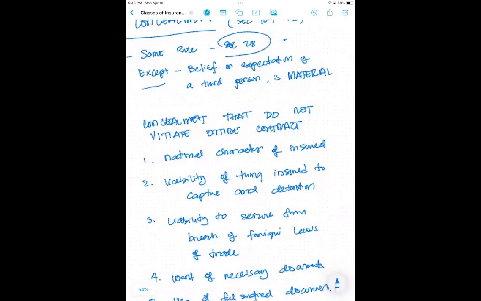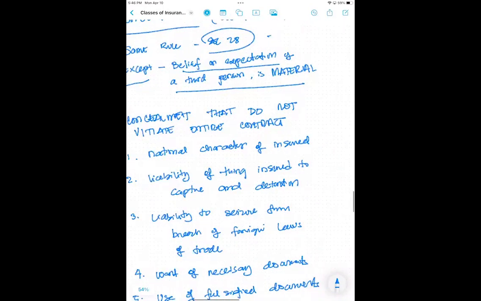In case of marine insurance, belief or expectation of a third person is material. Unlike an ordinary insurance, and when we say ordinary insurance in this context, all insurance not marine, yung belief or expectation of a third person is not material.